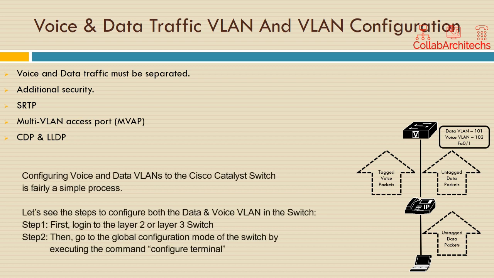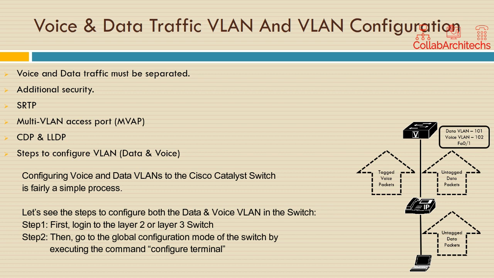Configuring voice and data VLAN on a Cisco Catalyst switch is a fairly simple process. Let's see the steps to configure both the data and voice VLAN in the switch. The first step is to log in to the layer 2 or layer 3 switch.